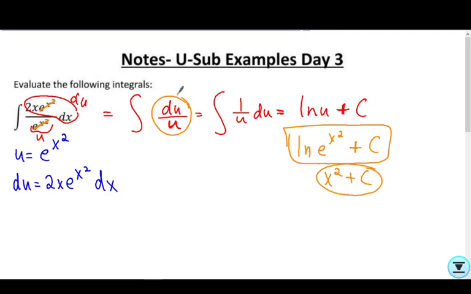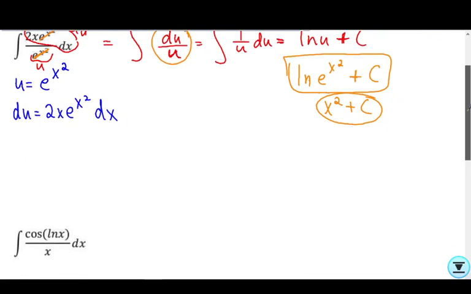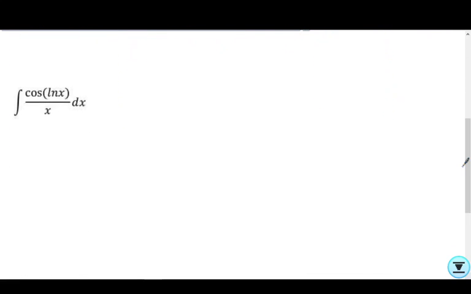Because we've done chain rule, and the derivative rule for the natural log is d over dx of ln of u is du over u. We've been using that in the derivative. Now you've got to start recognizing it the other way to find the antiderivative. So you've got to look and see, do you have the derivative over the actual function?